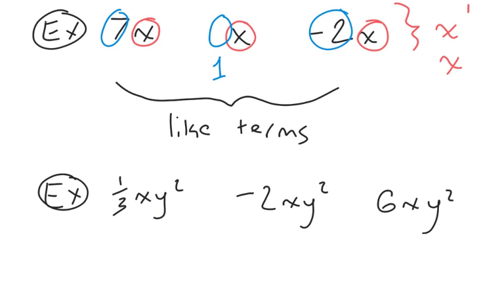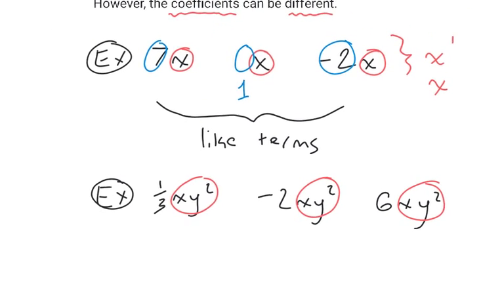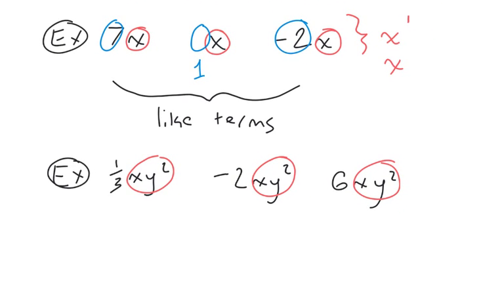As you can see, each term has the same variables with the same exponents, and that happens to be xy to the power of 2. Let's go ahead and write that in on the side so we remember. Xy to the power of 2.